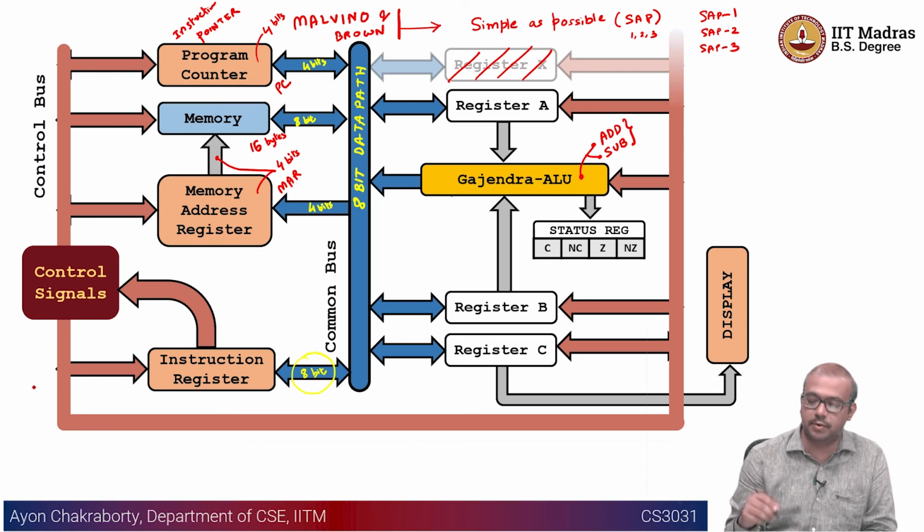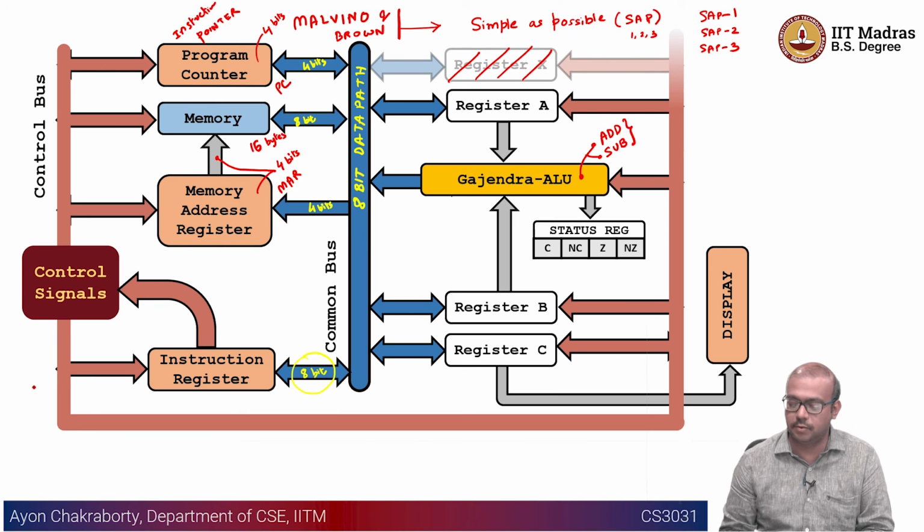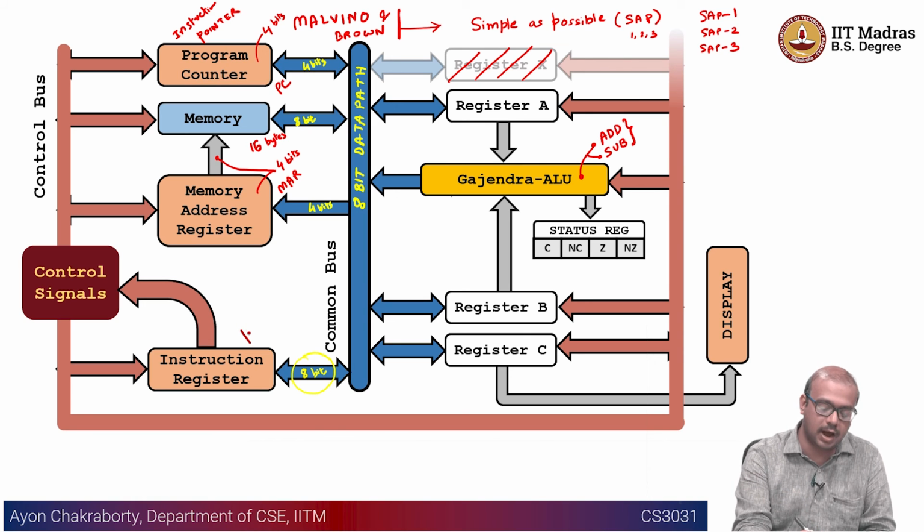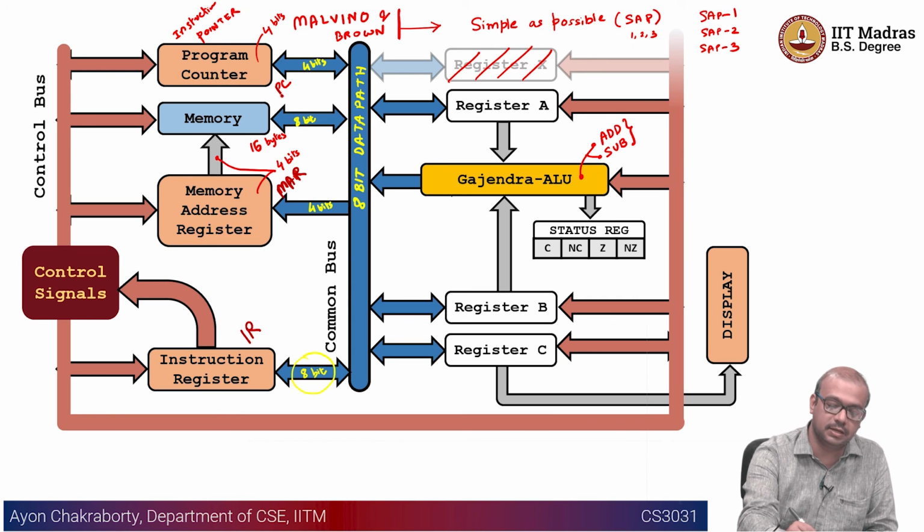So we talked about the registers, the ALU, the status registers, the program counter, the memory, and the MAR, or memory address register. We also spoke about the instruction register, often called IR, okay. This is MAR, IR, and this is called PC.